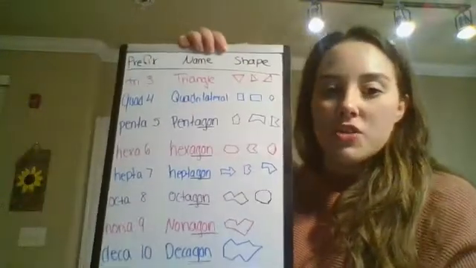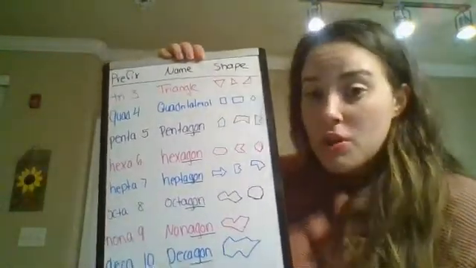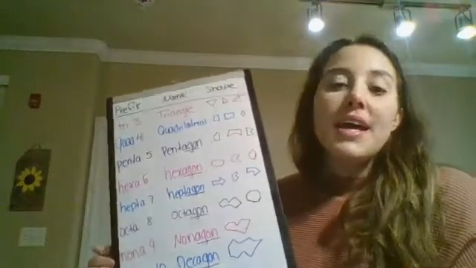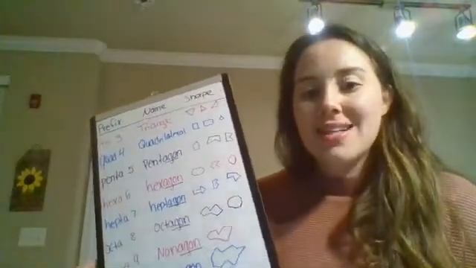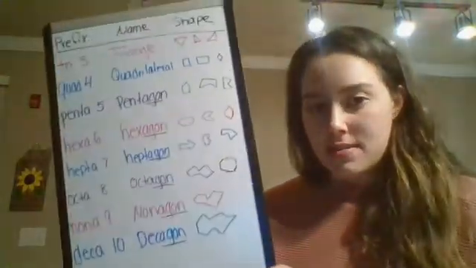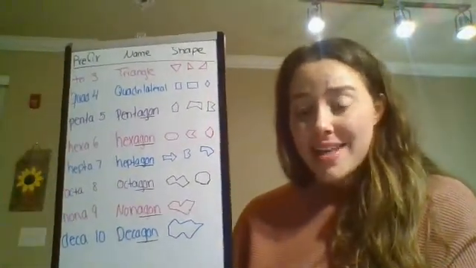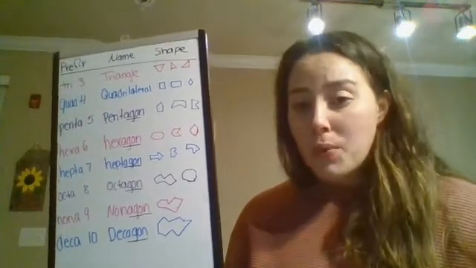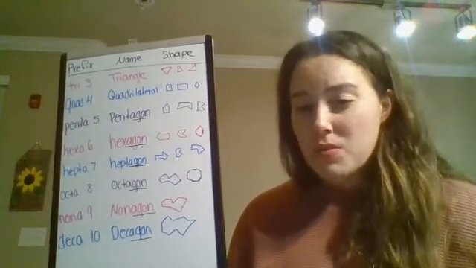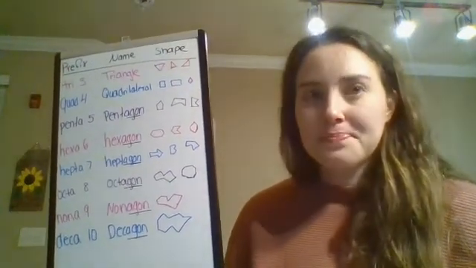Then here are a bunch of different examples and names for shapes. If I had a shape that had 6 sides, what would that shape be called? What name would it be called?